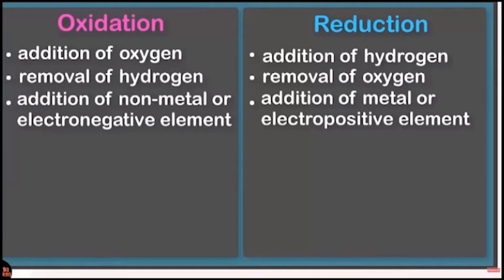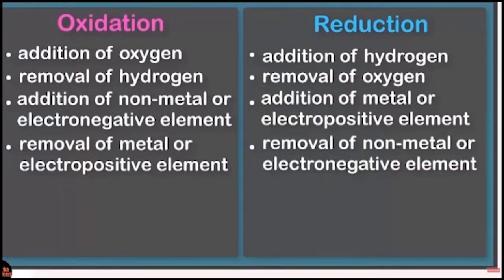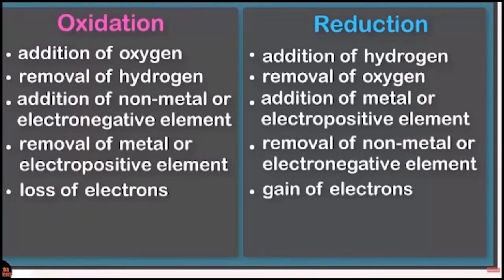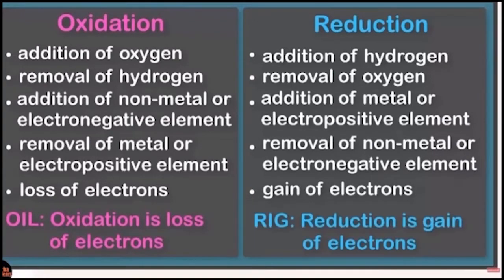Now we can define oxidation as removal of a metal or electropositive element, and similarly reduction is removal of a non-metal or electronegative element. Oxidation can also be defined as loss of electrons and reduction is gain of electrons. You can remember the last difference with the help of this simple mnemonic, OIL RIG. OIL stands for oxidation is loss of electrons and RIG stands for reduction is gain of electrons.